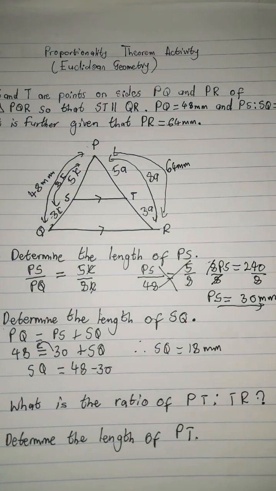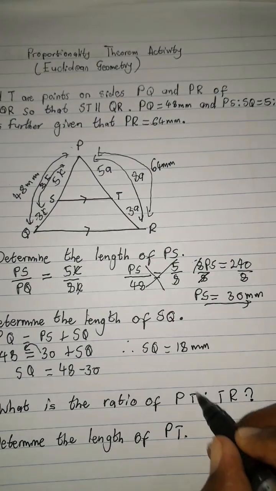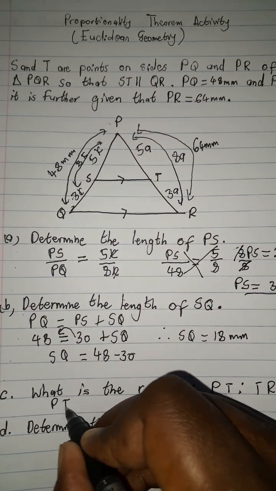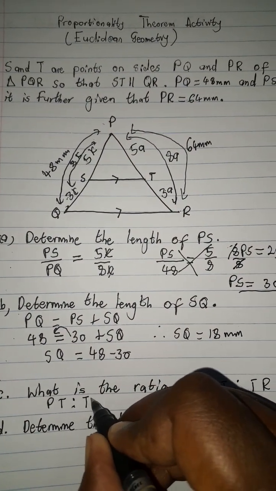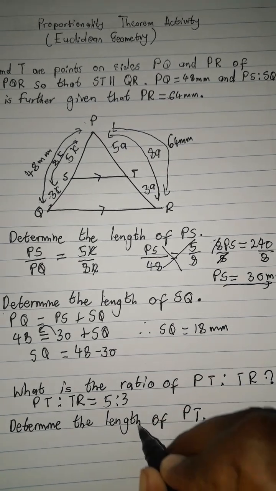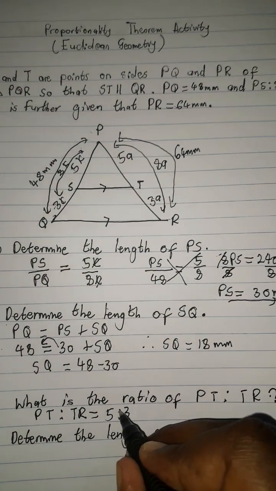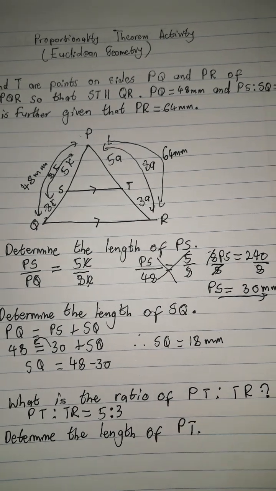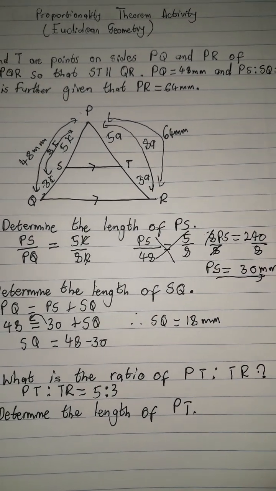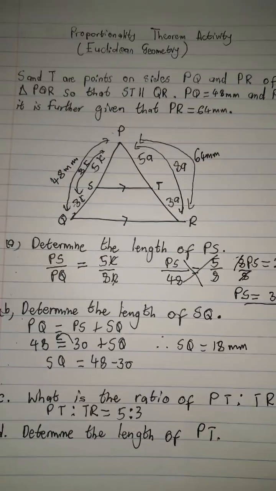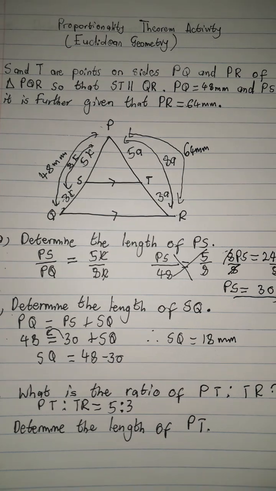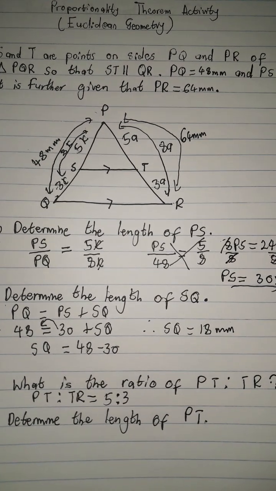So definitely the ratio of PT is to TR will be 5 is to 3. So it's very important to know how to link your corresponding sides so that you do the right thing, guys. I hope, guys, you are learning.